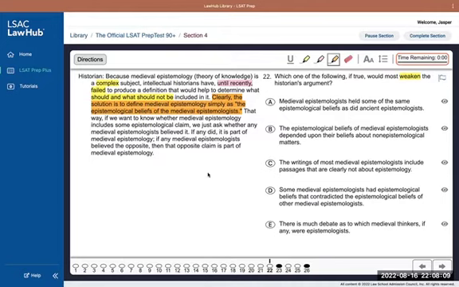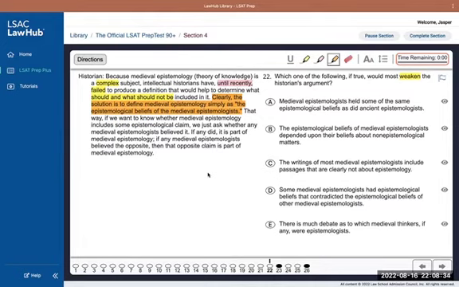All right, so why is this the solution? Because that way, if we want to know whether medieval epistemology includes some epistemological claim, we just ask whether any medieval epistemologist believed it. If any did, it is part of medieval epistemology. If any medieval epistemologist believed the opposite, then that opposite claim is part of medieval epistemology.